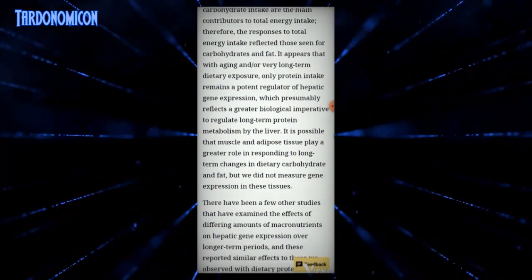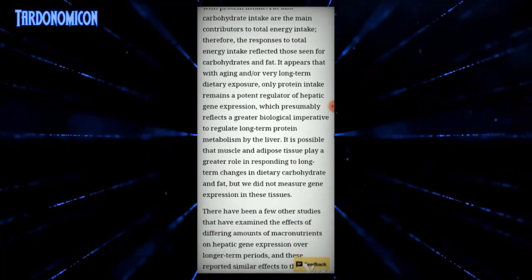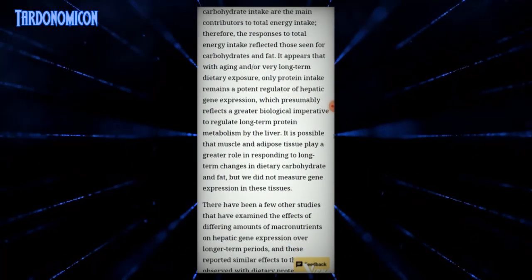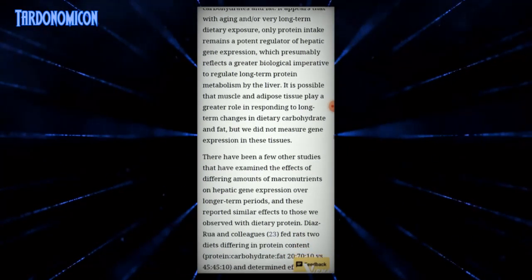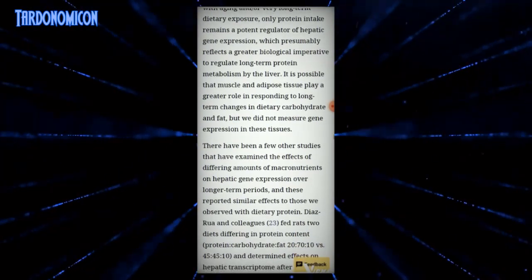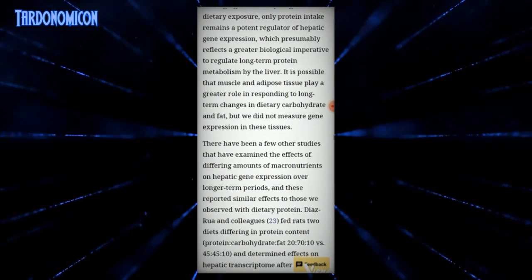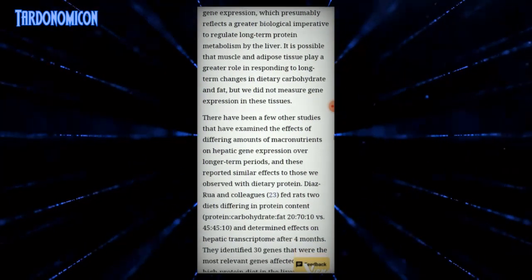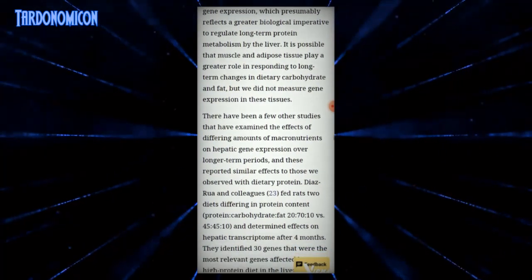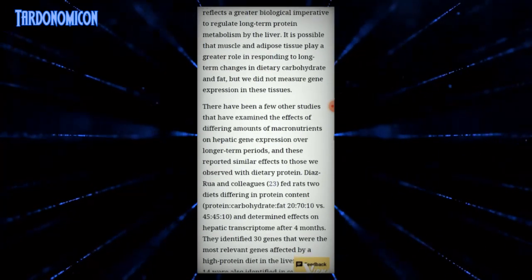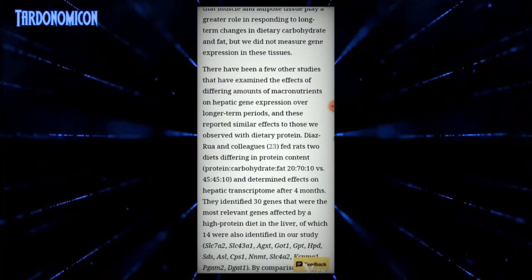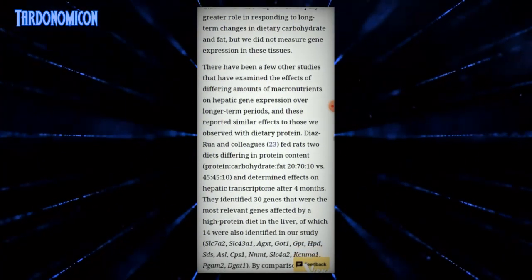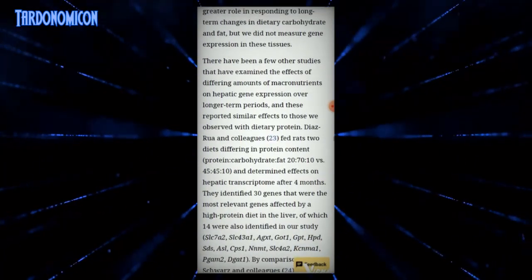It appears that with aging and/or very long-term dietary exposure, only protein intake remains a potent regulator of hepatic gene expression, which presumably reflects a greater biological imperative to regulate long-term protein metabolism by the liver. It is possible that muscle and adipose tissue may play a greater role in responding to long-term changes in dietary carbohydrate and fat, but we did not measure gene expression.